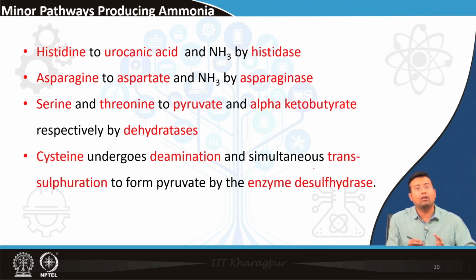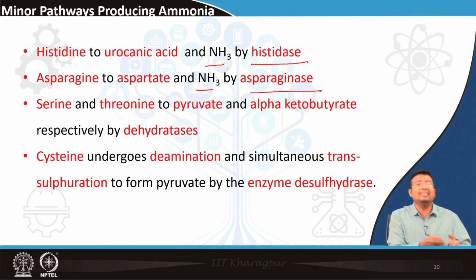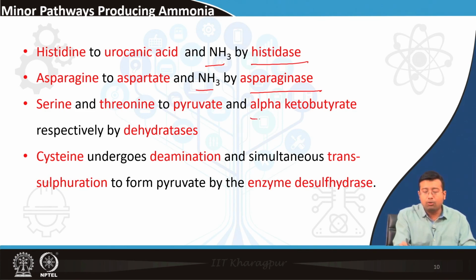Looking at all the other minor pathways of ammonia production, this is the rest of it. For example, histidine to urocanic acid by the enzyme histidase. Asparaginase acts on asparagine to produce aspartate and ammonia. Serine and threonine are converted to pyruvate and alpha keto butyrate.